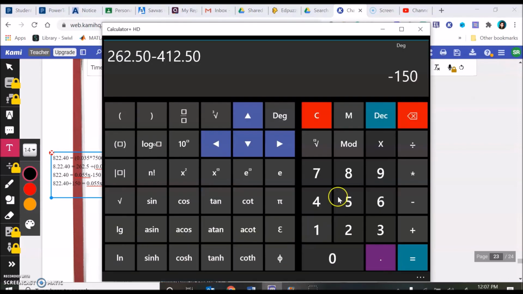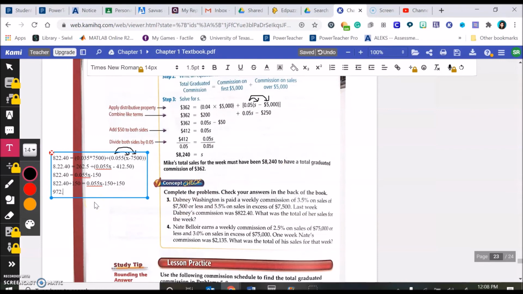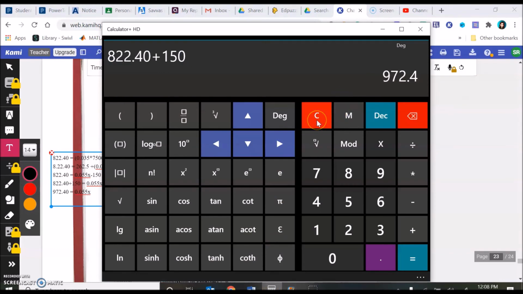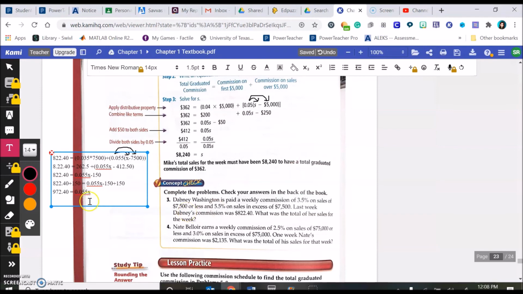That gives me 822.40 plus 150 is 972.40, and of course it cancels out on the other side. Then I divide both sides by 0.055. 972.40 divided by 0.055 gives me 17,680.